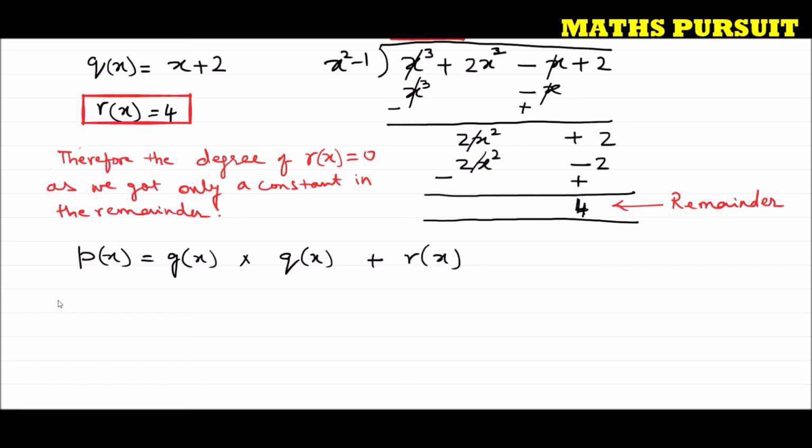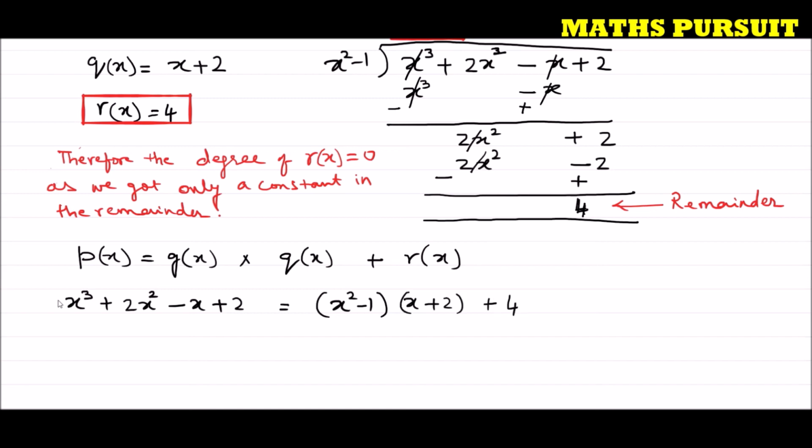Now let us see. For p(x) we have considered x to the power 3 plus 2x to the power 2 minus x plus 2, and for g(x) we considered x to the power 2 minus 1, and for q(x) we got the quotient as x plus 2, and we got the remainder as 4.